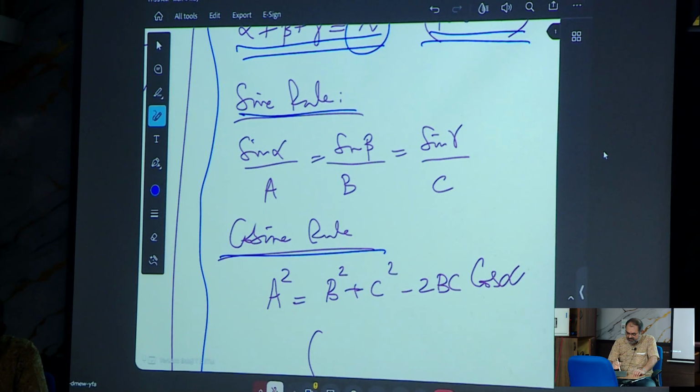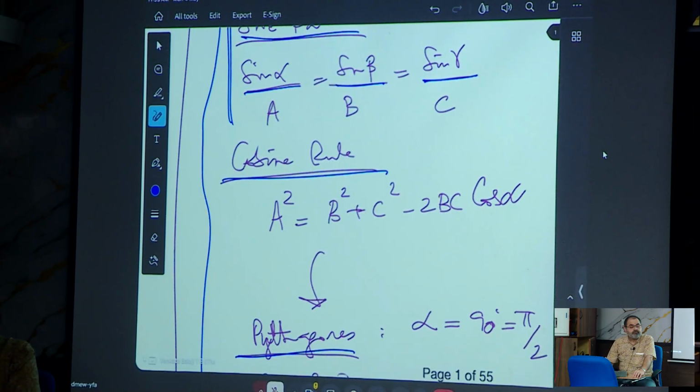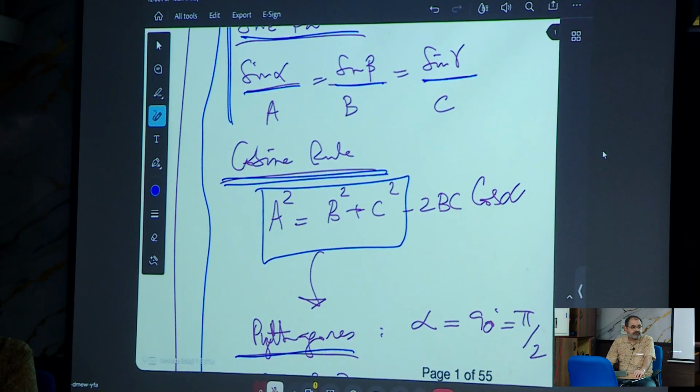Then there is the famous sine rule, which says that the sines of the angles are proportional to the lengths of the sides opposite to those angles. And then you have the cosine rule, which is a generalization of Pythagoras.